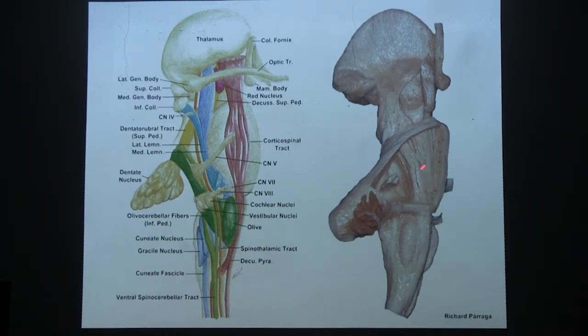Y vemos la sustancia blanca o la vía corticoespinal, cómo se fragmenta a nivel de la protuberancia y nuevamente cómo se compacta. Sabemos que en profundidad, en este espacio entre la vía corticoespinal y el quinto par craneano, tenemos el lemnisco medial, es decir, la vía sensitiva, ese es el espacio peritrigeminal. Fíjense cómo está en profundidad, ¿cierto?